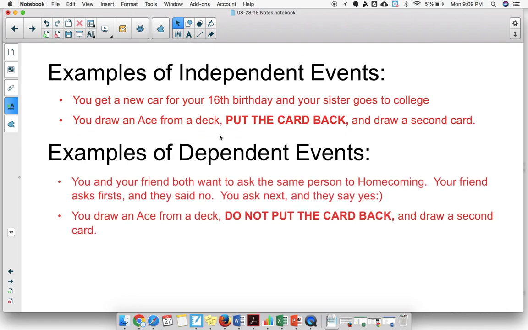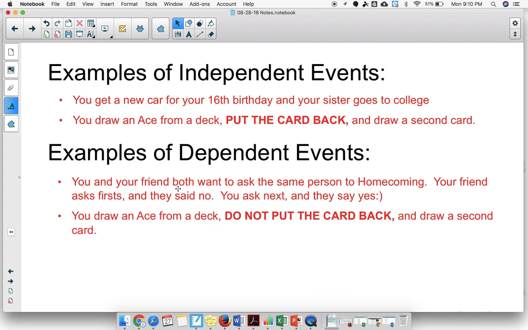That is slightly different than a dependent event. And so I was trying to think of events that are coming up. So think about homecoming. And say you and your friend both want to ask the same person to homecoming. And your friend found this out and they go ask the person you want to go on the date with, they ask them first. And lucky for you, they say no. When you go to ask, that would be the second event.